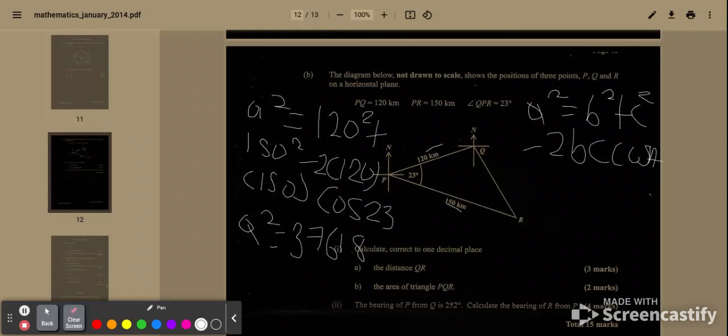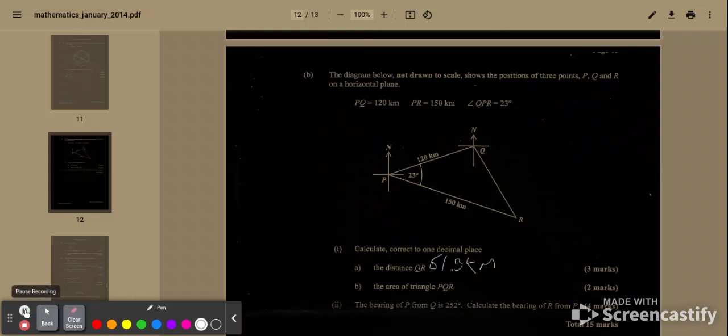To get a by itself, we'll take the square root of a squared, and therefore a is equal to 61.3 kilometers. And remember, it's stated correct to 1 decimal place.